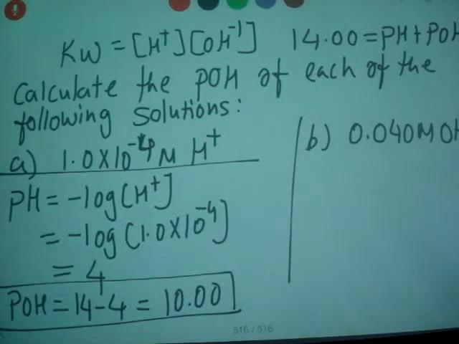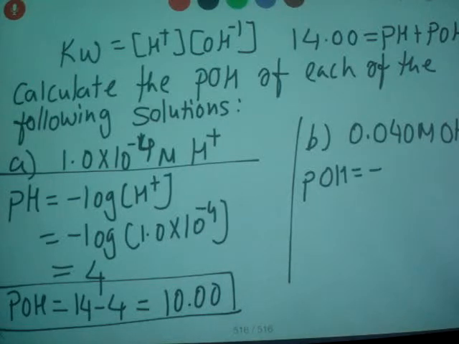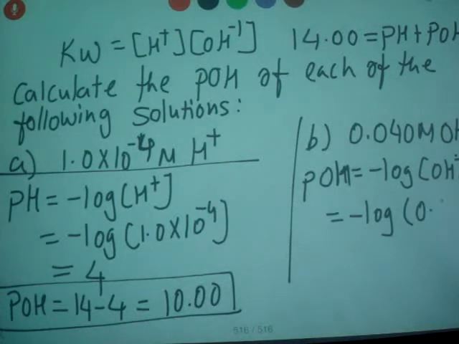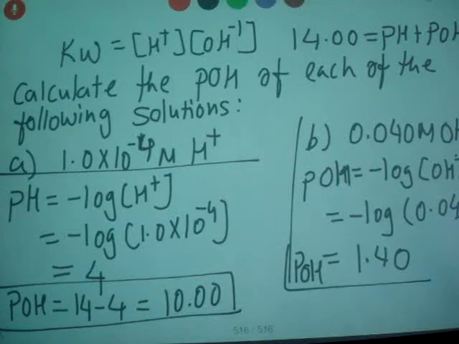That's for A. For B, it's simple: pOH equals minus log OH minus concentration, so minus log 0.04 molar concentration, and you can calculate pOH of 1.40 for this solution.